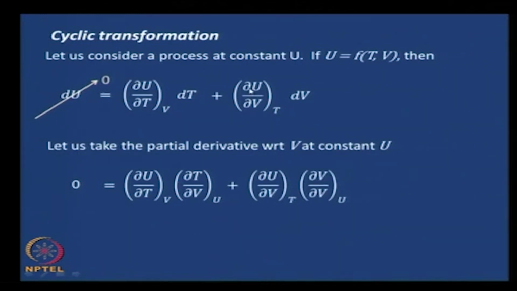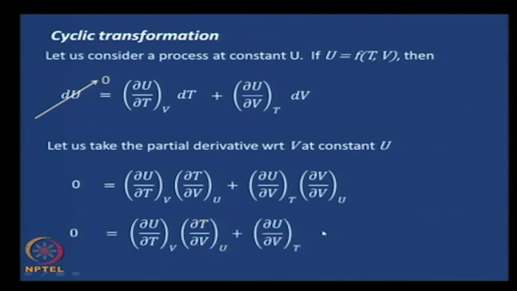Plus dou u dou v at constant t, dou v dou v at constant u, which of course goes to 1. So that can be written as 0 equals dou u dou t at constant v, dou t dou v at constant u, plus dou u dou v at constant t, since this has gone to 1.